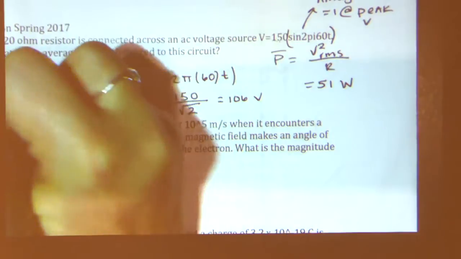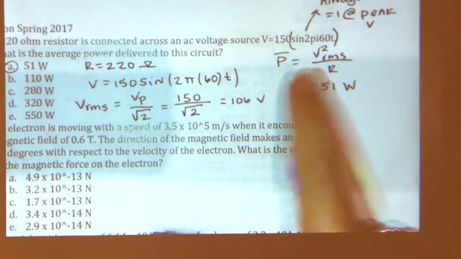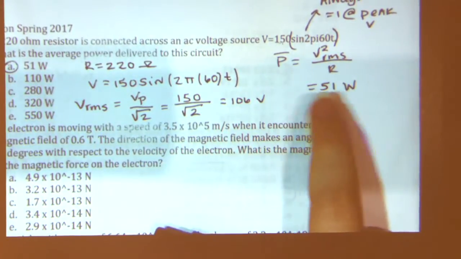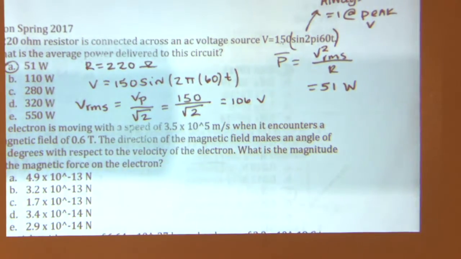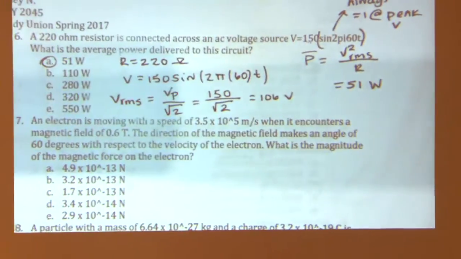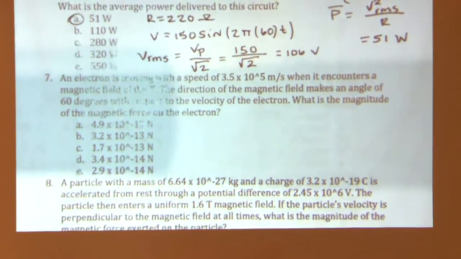So that's A. Just remember, this is the regular power equation. On your formula sheet, it says P equals V squared over R, but you can also take it as P RMS equals V squared RMS over R. So, cool.